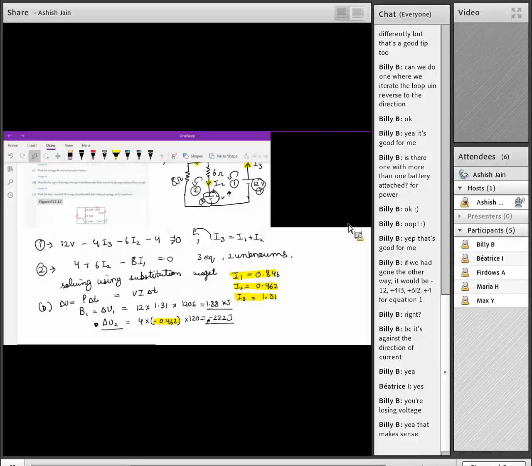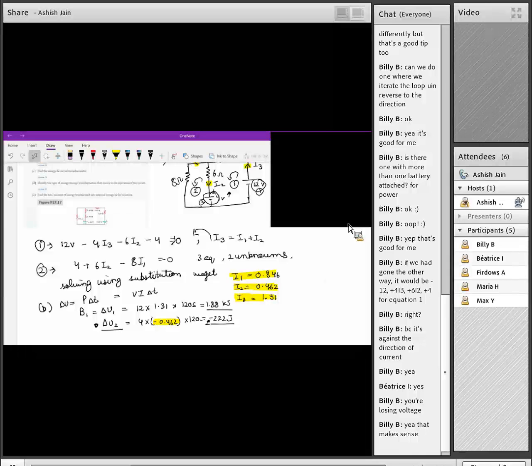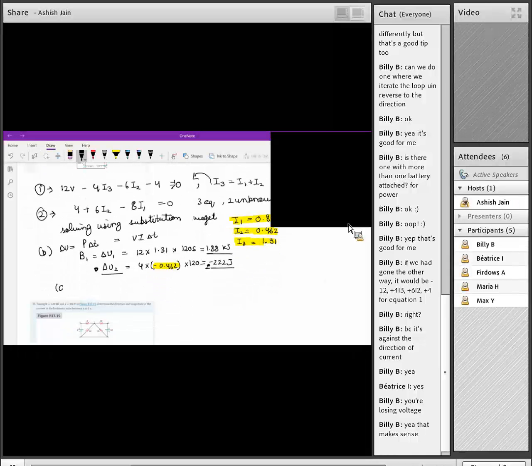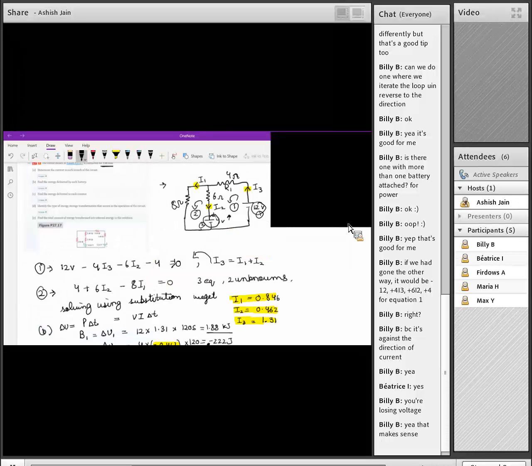Okay, so C is find the energy delivered to each resistor. Let's call them R1, R2, R3.